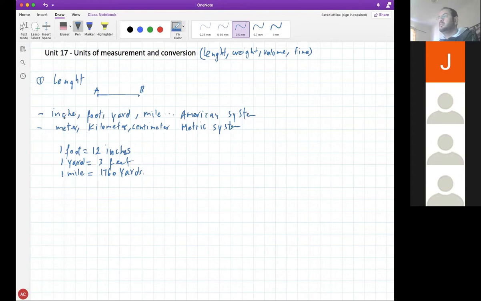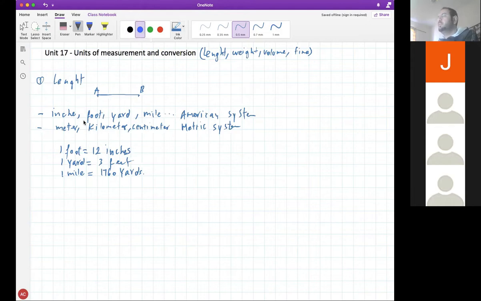So we know the conversion from one to the other, and based on that, we can convert any units here. We can convert, for example, from inches to miles. If we want to, we would have to convert the inches to feet first, and then feet to yards, and yards to miles, and so on. These are the main ones, okay?